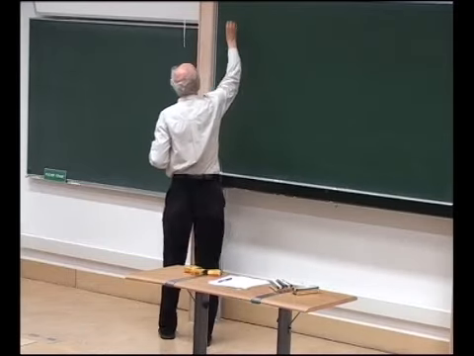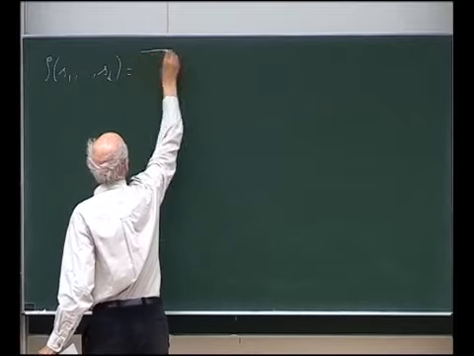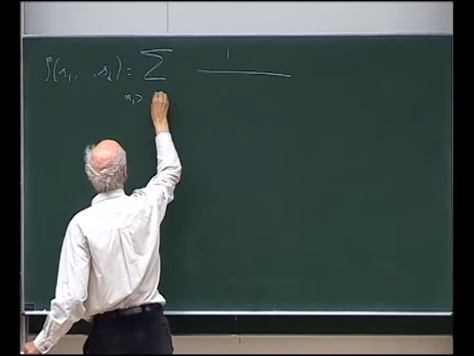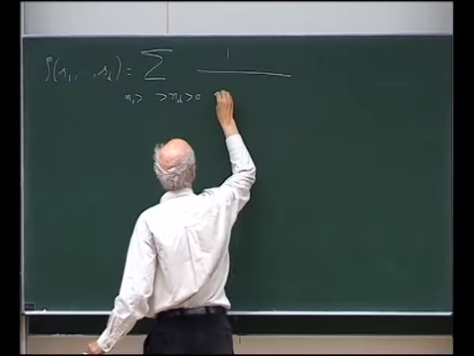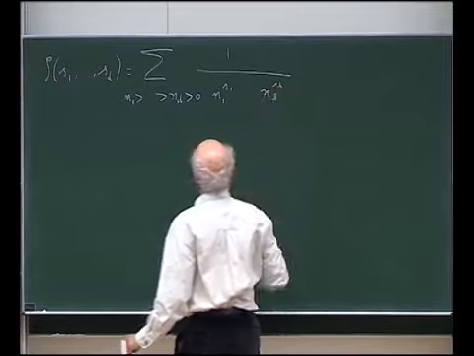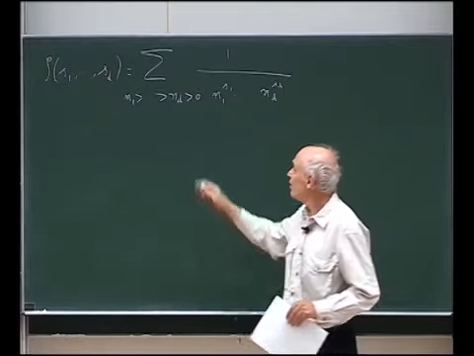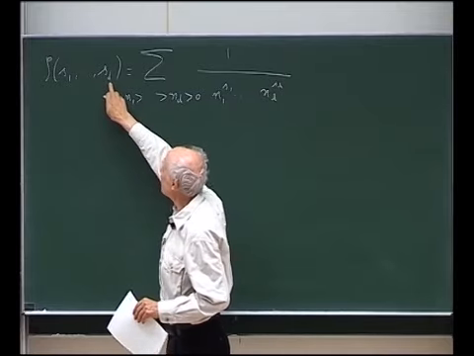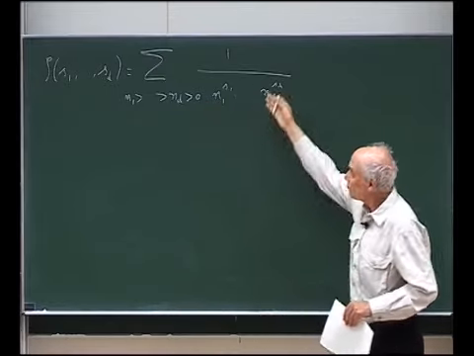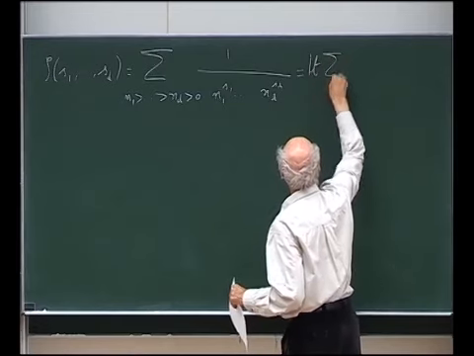So first I recall the definition. For this sequence of integers S1 up to Sd, when we have this, we say we are in depth d and weight the sum of the Si.